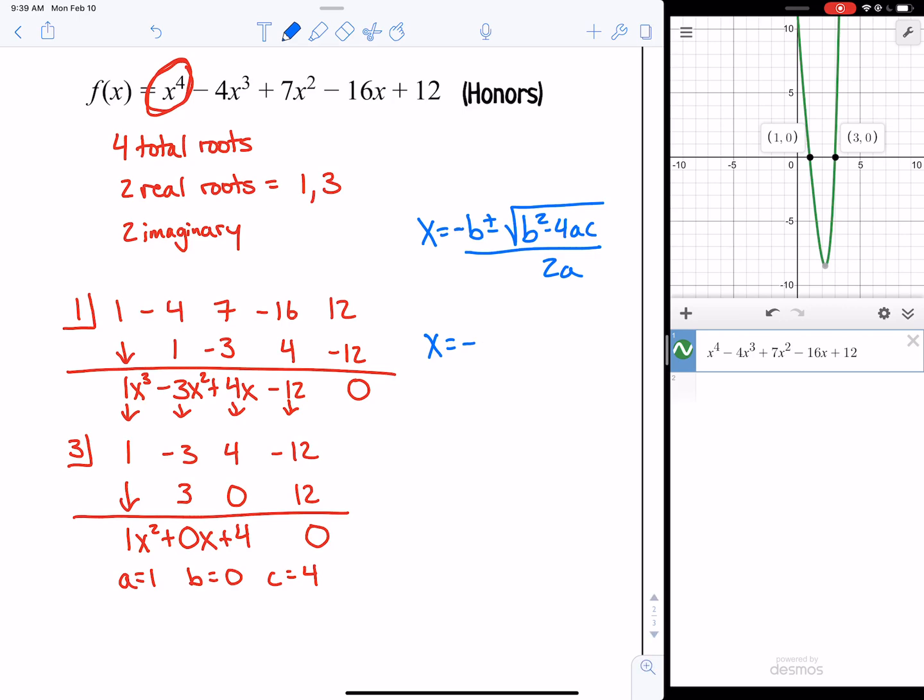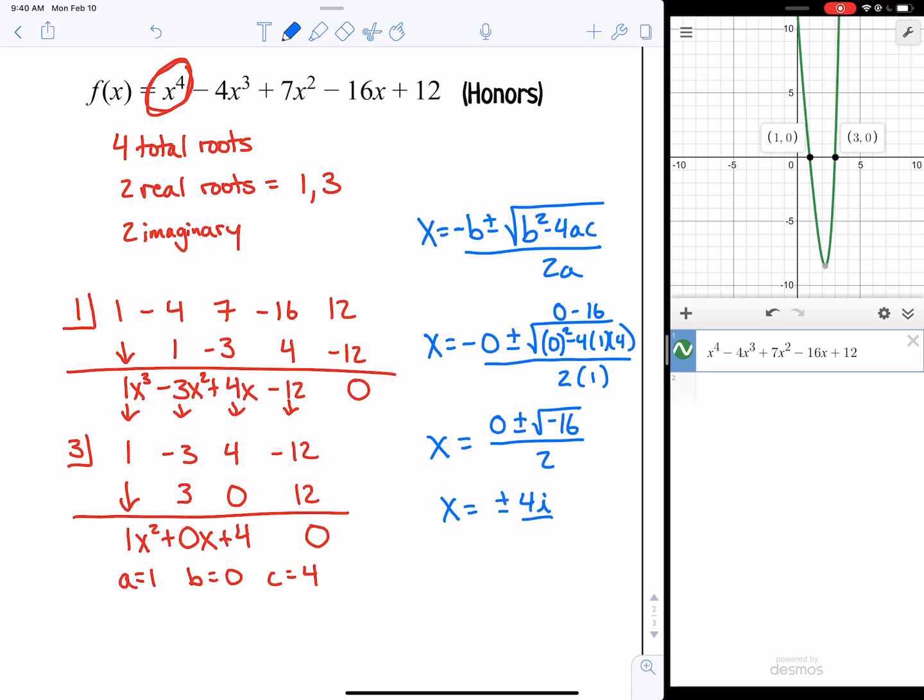So negative 0 plus or minus the square root of 0 squared minus 4 times 1 times 4 all over 2 times 1. So you would get 0 plus or minus, and inside there you have 0 minus 16, which is negative 16. And then you end up with 0, which doesn't really do anything, but plus or minus 4i over 2, which would reduce a little bit to be plus or minus 2i.